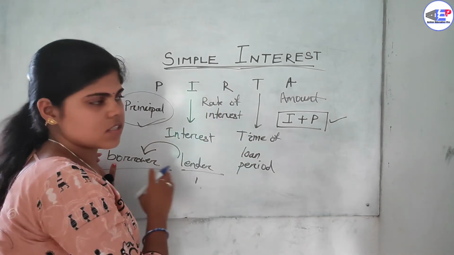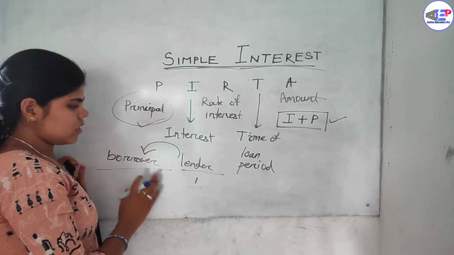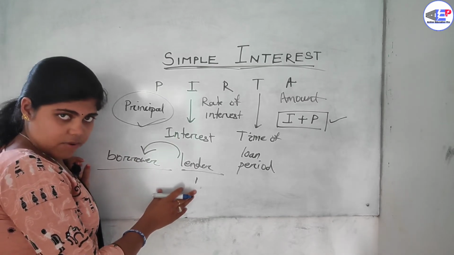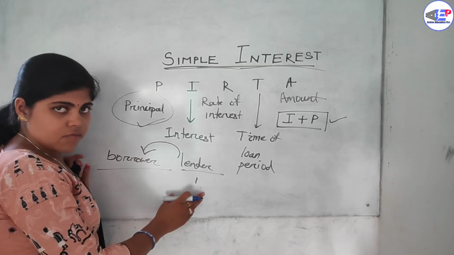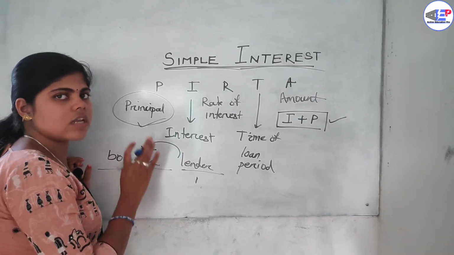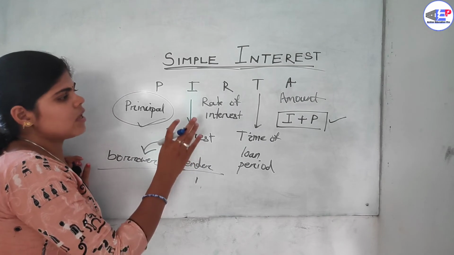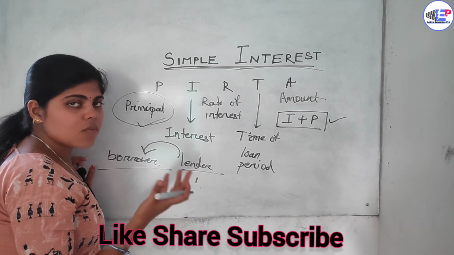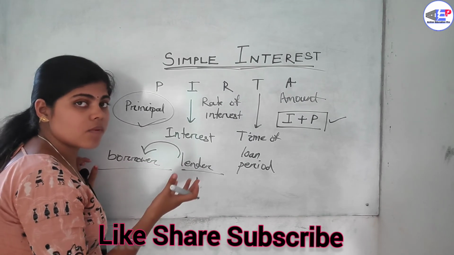P is the principal, the money borrowed by the borrower from the lender, and I is the additional money paid by the borrower to the lender for using its principal. R is the rate of interest at which the borrower borrows the money. T is the time of loan period, for how much time the borrower takes the money from the lender.